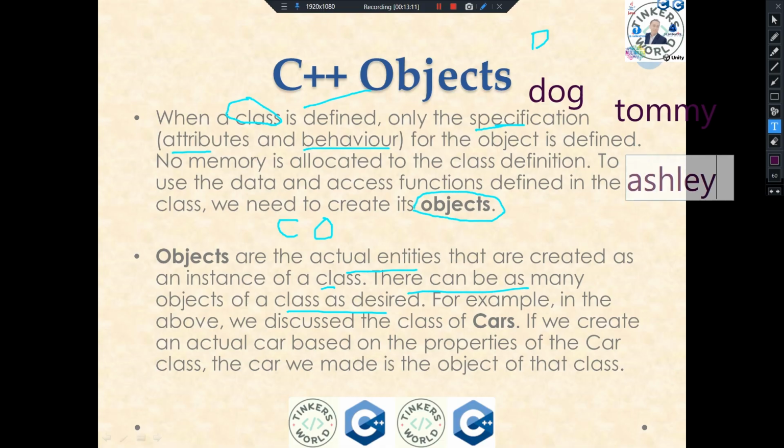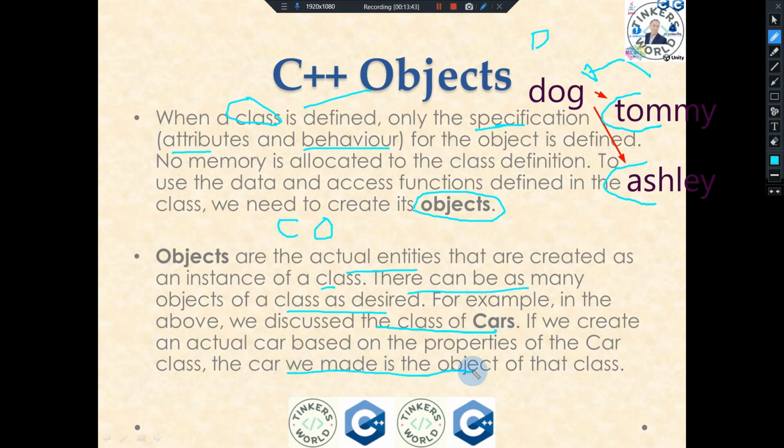So it depends on how we are going to create those objects as part of our class. Next one is, for example, here we have the car as an example of the class, and then we're going to convert it into an object.